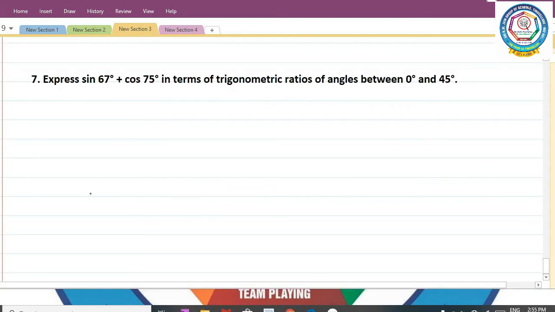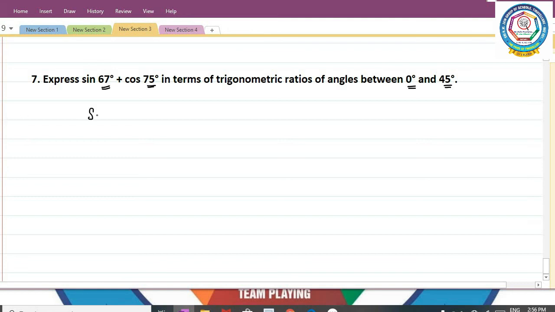Question number 7. Express sine 67 degrees plus cos 75 degrees in terms of trigonometric ratios of angles between 0 degrees and 45 degrees. The question is given as sine of 67 degrees plus cos of 75 degrees. We have to express in angles between 0 degrees and 45 degrees.